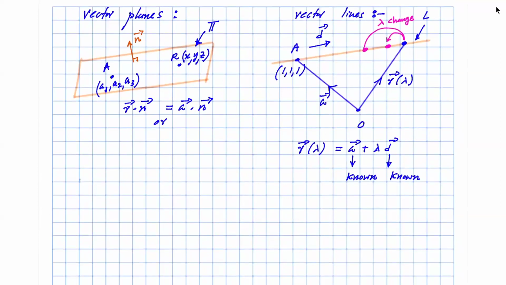Or if I write the same thing this way, r dot n hat is equal to a dot n hat, is it a big problem? Reason: the first equation you can divide by the n vector magnitude, and this side you can divide by the n vector magnitude.